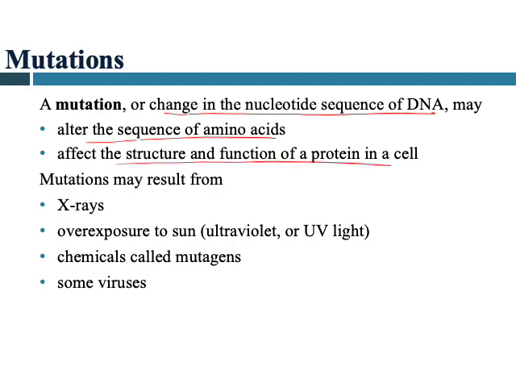So what does it mean? Let's say this is your DNA. It has some sequence in the form of bases. This information is going to be converted into mRNA by the process of transcription, right?